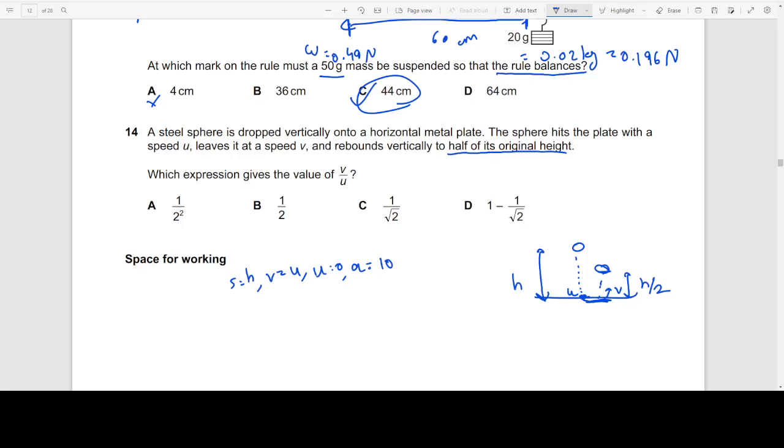Yes, this is for the first part. Then after the bounce, s is h upon 2, final velocity is 0, initial velocity is v, and a is equal to minus 10 now.